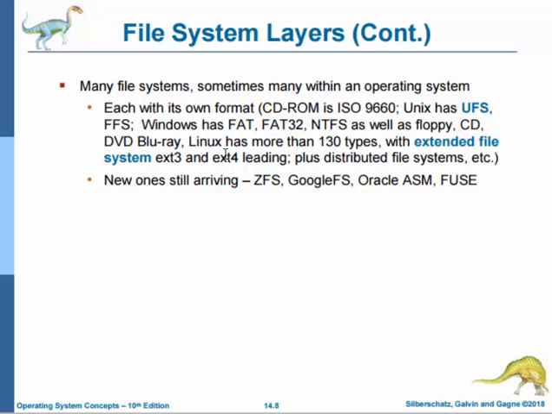Linux supports over 130 different file systems, and the standard Linux file system is known as the Extended File System, with the most common versions being ext3 and ext4. There are also distributed file systems in which a file system on a server is mounted by one or more client computers across a network.